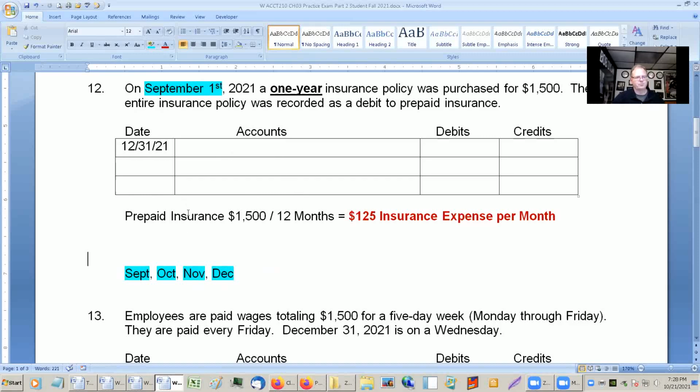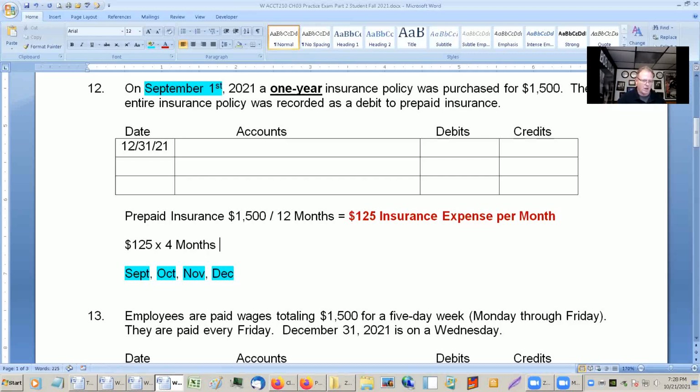Okay, so we're going to debit prepaid accounts. Right? Is this going to be a revenue or an expense? It's going to be an expense. So expenses are always debits. So do prepaid accounts and insurance accounts.